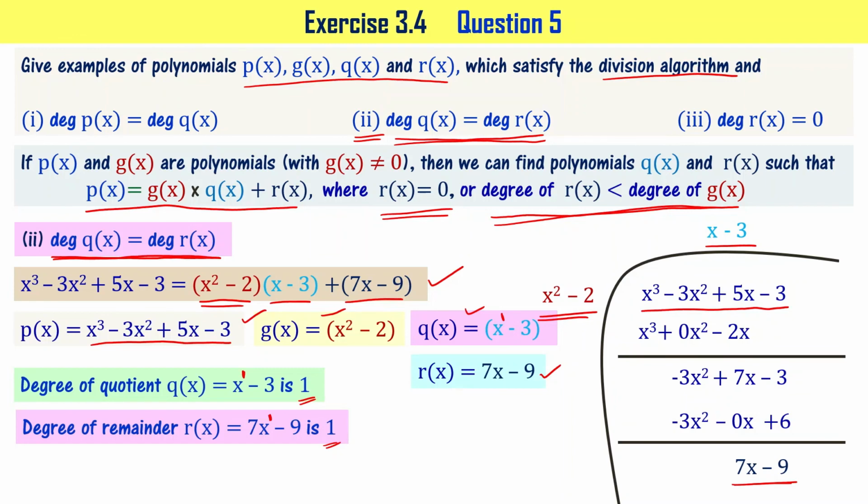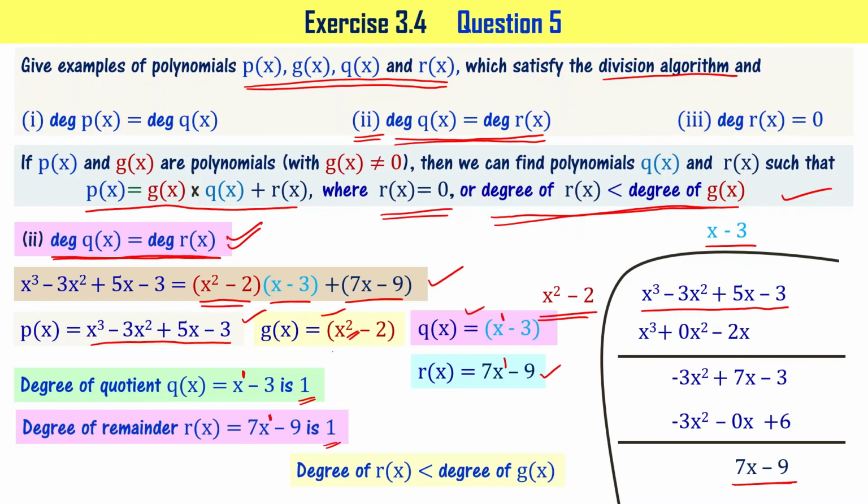So its degree is 1, and degree of g of x is 2, right? So degree of r of x is less than degree of g of x. That's how we showed that whatever expressions we have written for p of x, g of x, q of x, and r of x, they satisfy the division algorithm. At the same time, they satisfy this particular requirement.